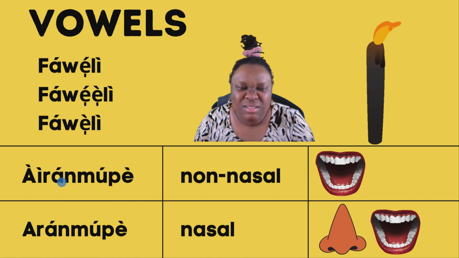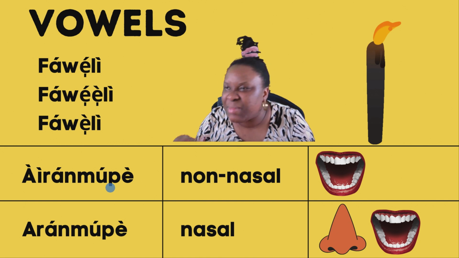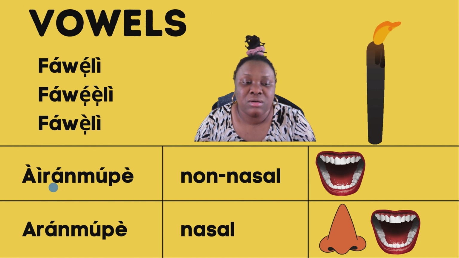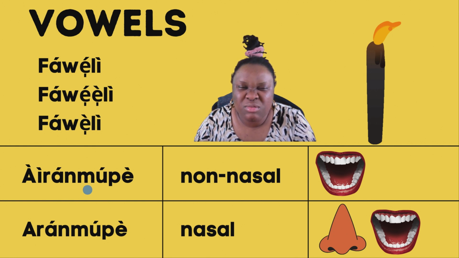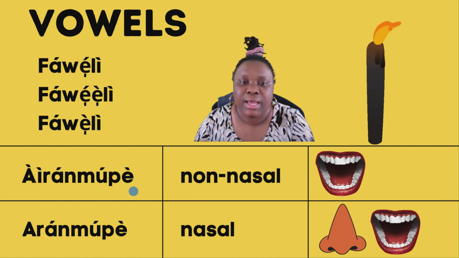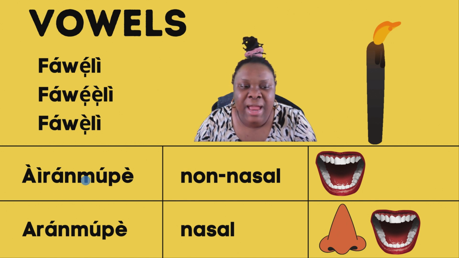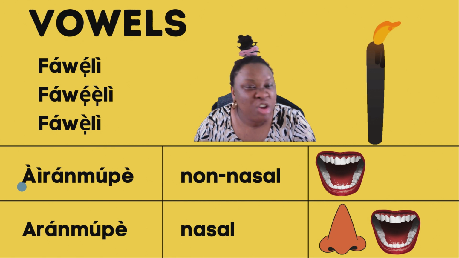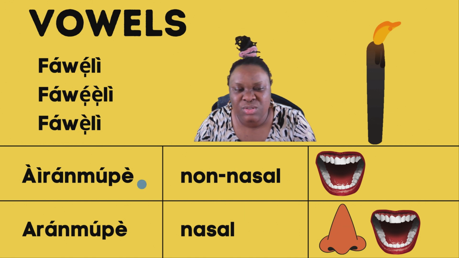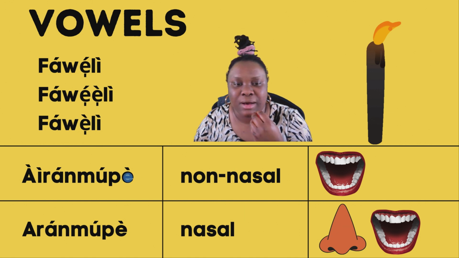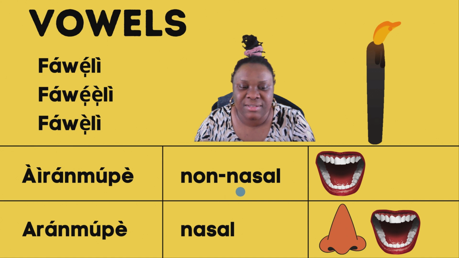Ránmúpè is making that nasal sound, but ránmú is squeezing the nose, and pè is to pronounce. Àìránmúpè, the act of not squeezing the nose to pronounce, non-nasal. But àránmúpè is nasal, means you squeeze a.